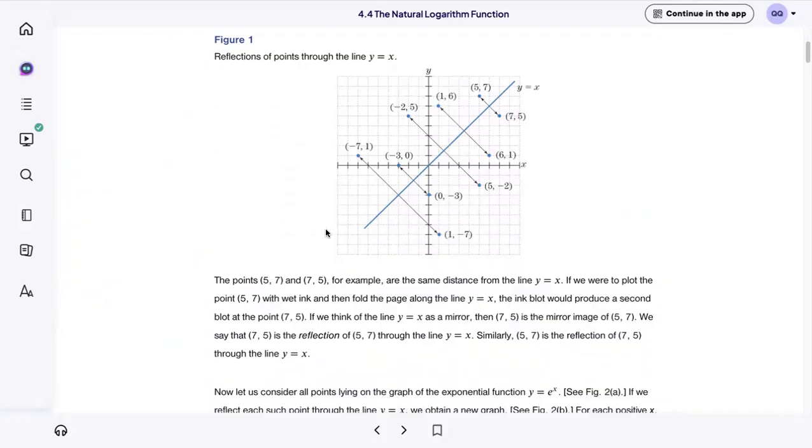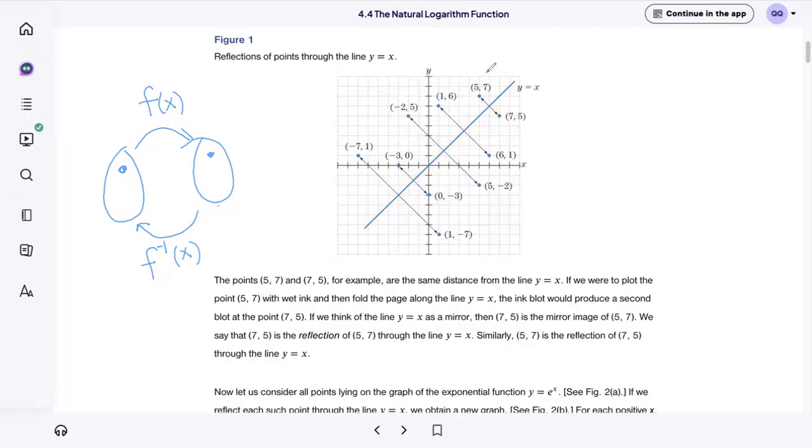Inverse means if I have a function going from this to this, that's f, then the inverse is the opposite. We write it as f to the -1 of x. The function sends the input to the output, but the inverse sends the output back to the input.